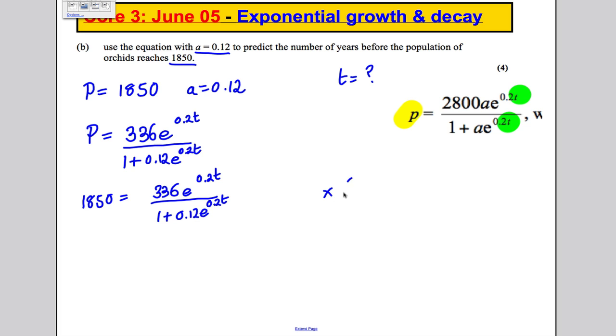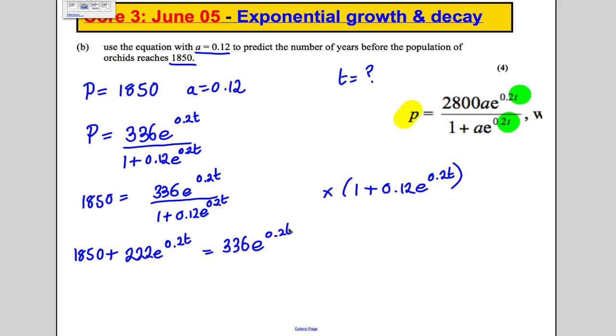Multiply both sides by 1 plus 0.12 e to the 0.2t. If you did that to both, you get 1,850 plus 1,850 times 0.12, you get plus 222 e to the 0.2t is equal to 336 e to the 0.2t.